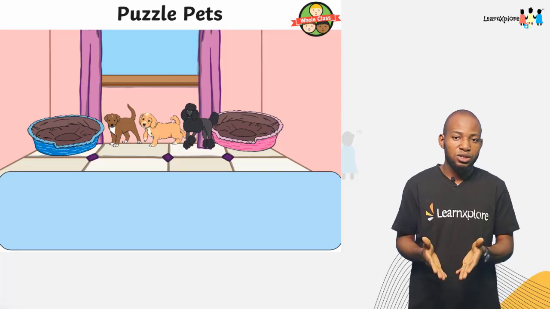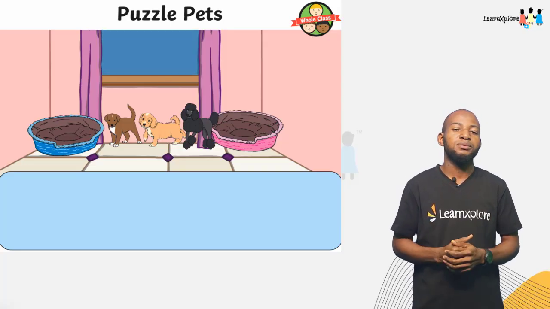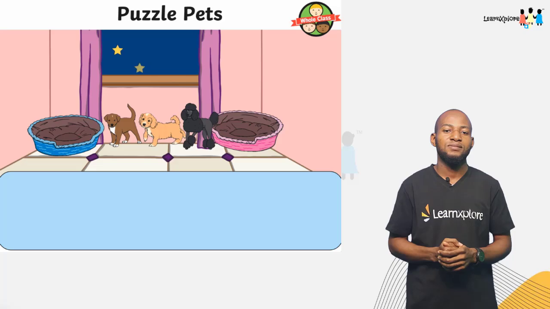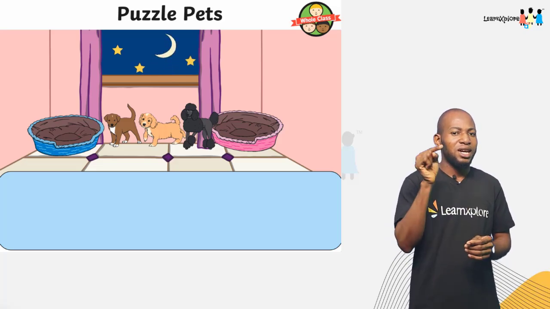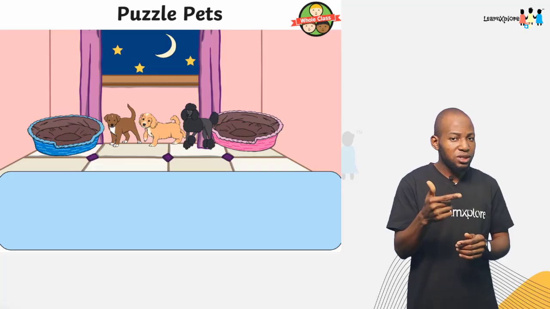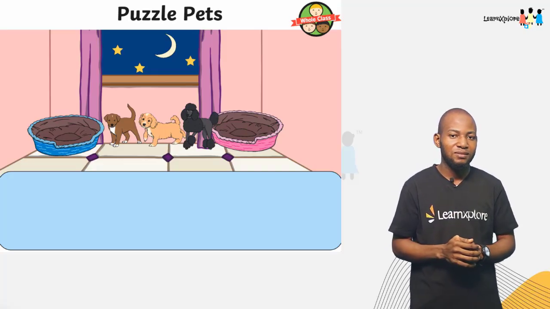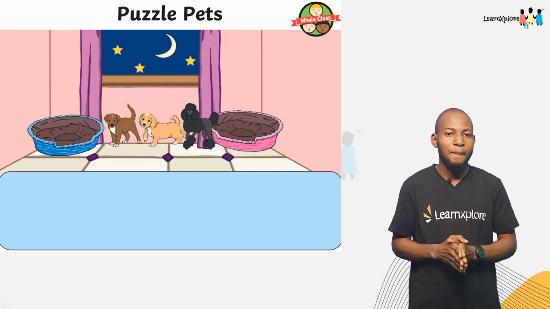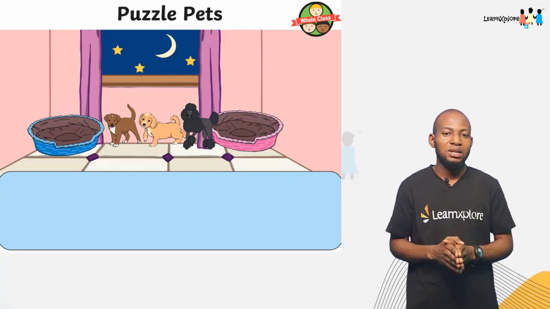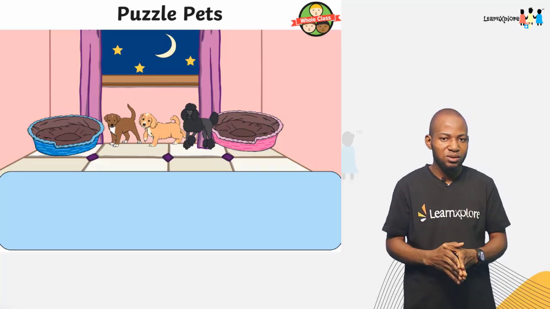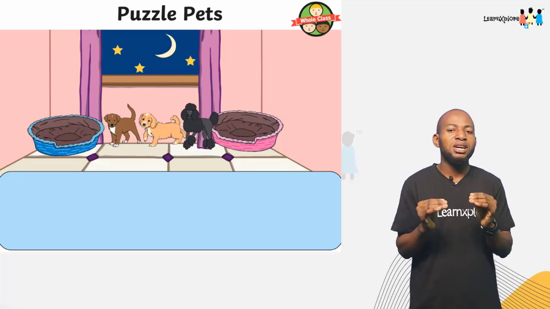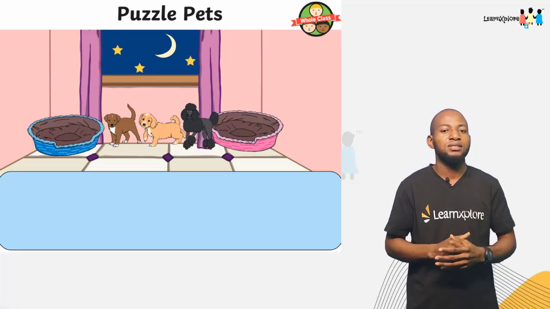Let's help the dogs choose where to sleep. Can you remember the plan that helped us the last time with the cat? Pictures can take a long time to draw, so you could make marks instead.